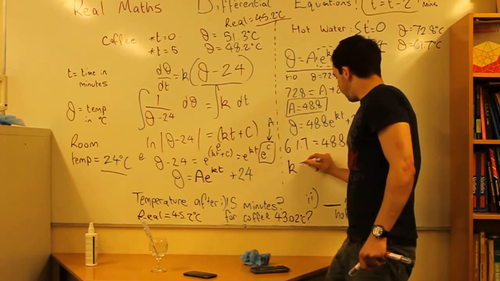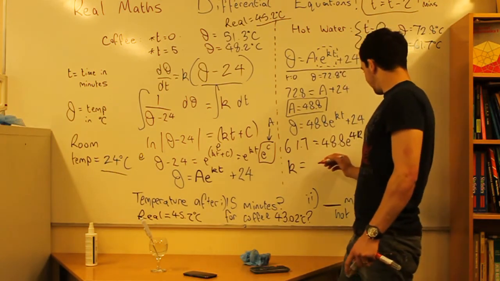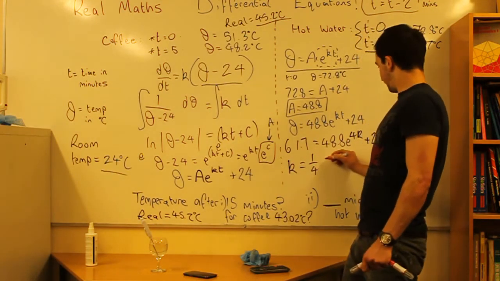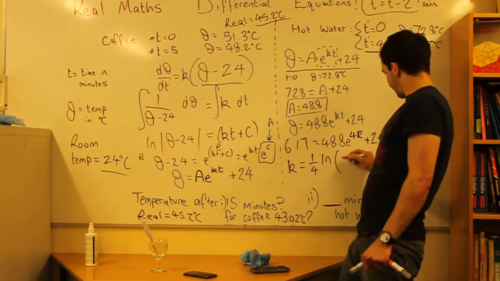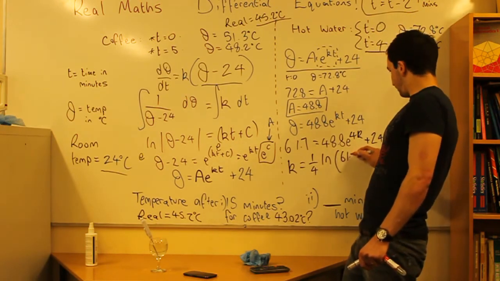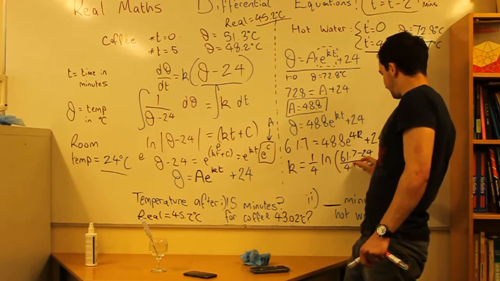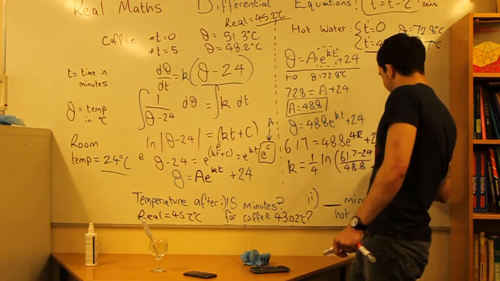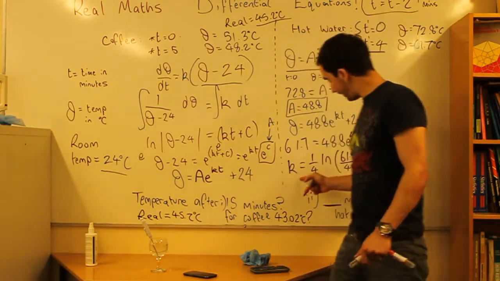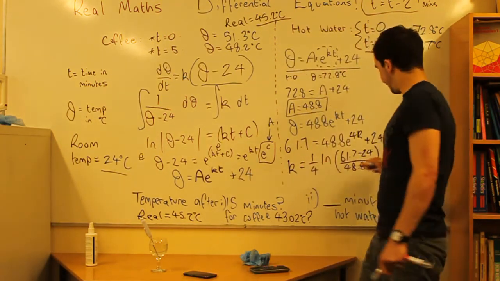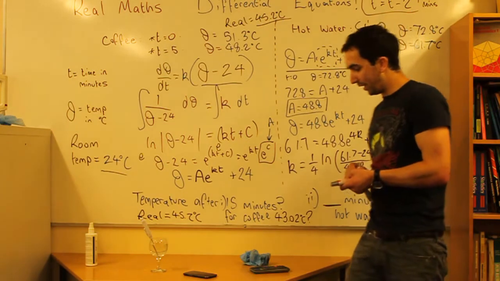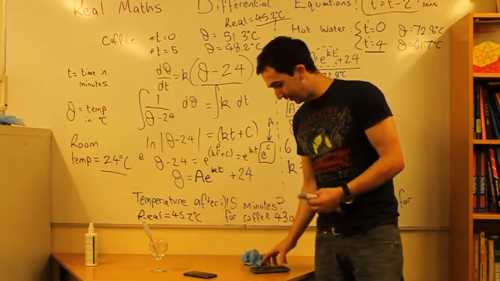So k equals 1 over 4 ln of (61.7 take away 24) over 48.8. If you want exact form, keep it as that in your calculator. I'm just going to round for convenience of substituting in numbers.